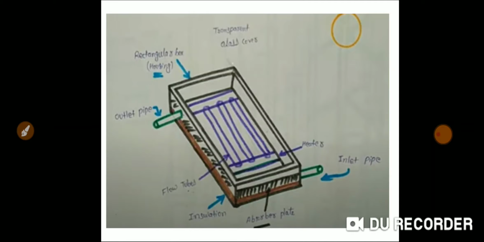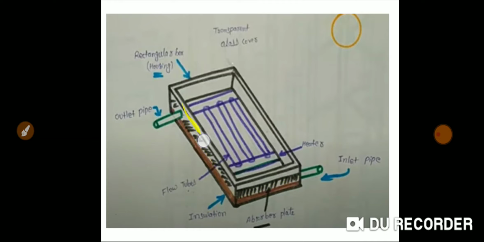So in the bottom side you can see this is in brown color, this is insulations. The role of insulation is to protect this wooden box. No heat is liberated outside this rectangular box by providing these insulations. Above this insulation layer is the absorber plate.